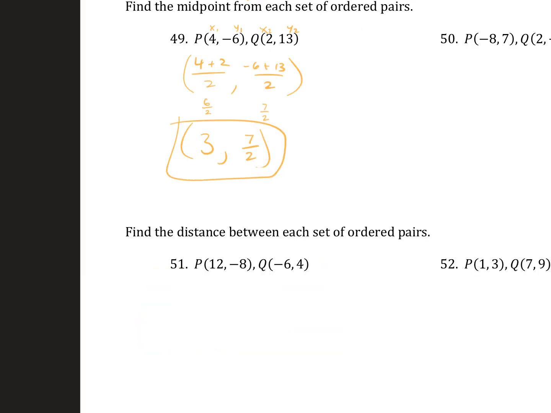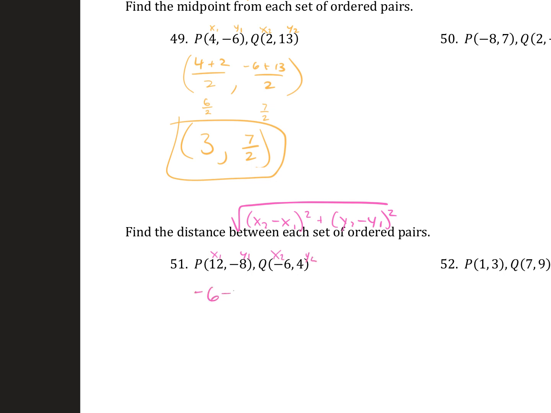Next, our distance formula is the square root of x2 minus x1 squared plus y2 minus y1 squared. So I have x1, y1, x2, y2.